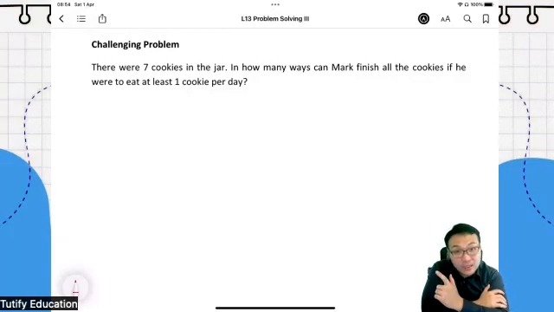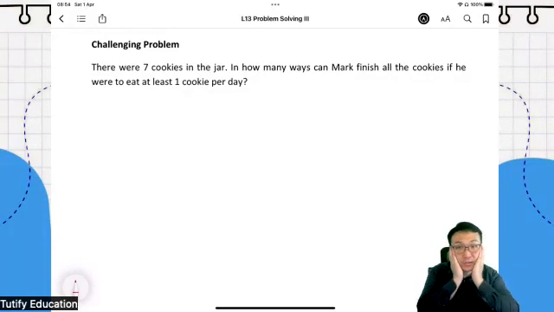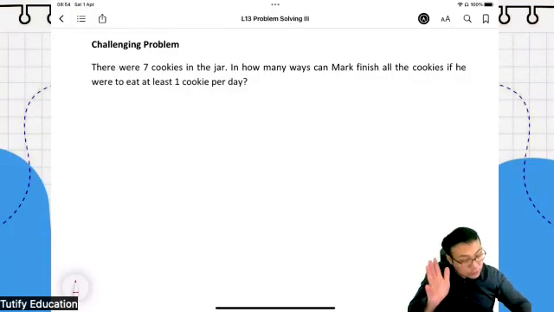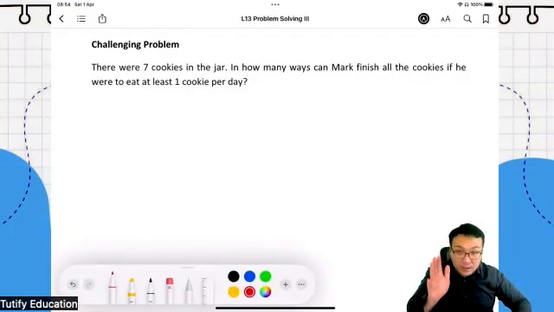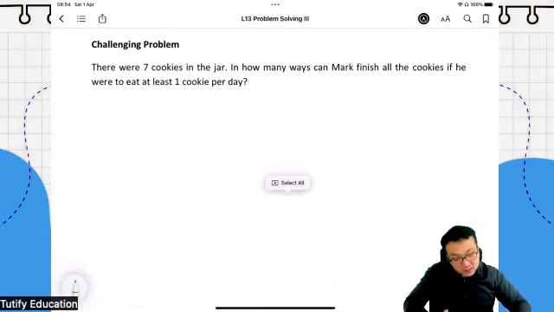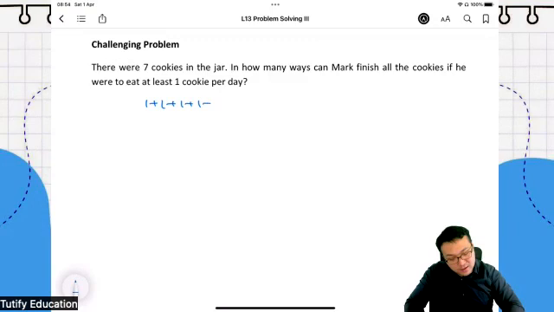There are 7 cookies. How many ways can you finish all the cookies if you must eat at least 1 cookie per day? Now, there are so many ways to do this, students. You can make a list. Maybe every day I eat 1, then I finish everything in 7 days.